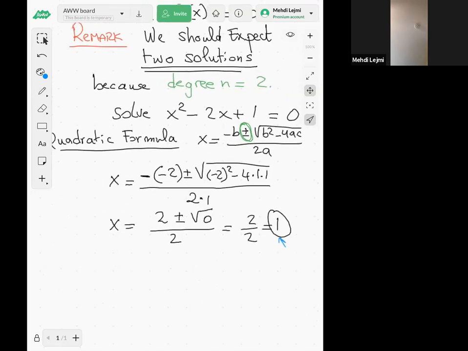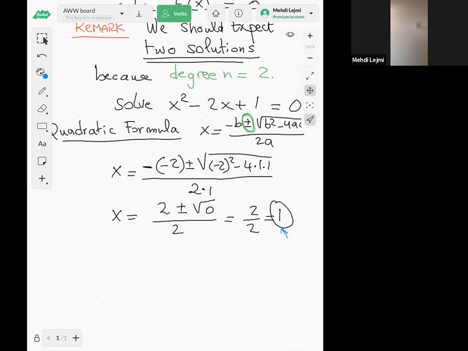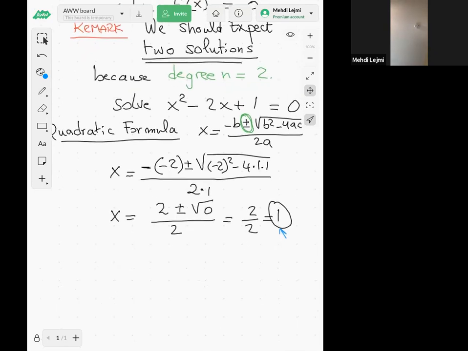So what we have to do is we have to factor. Okay, so let's factor f of x. Again, f of x was x squared minus 2x plus 1 is equal to 0, right? So how do you factor this x squared minus 2x plus 1?